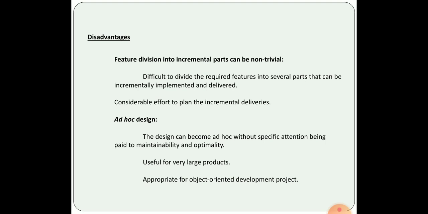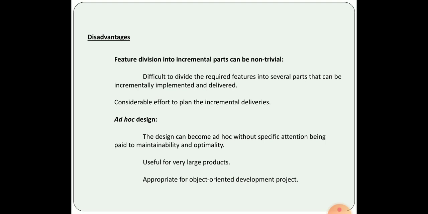So the evolutionary development model is applicable only for large products where the product can be split into certain core and non-core modules, and for the situation where the customer actually needs to work with a partially developed software where he can specify the requirements or modify the requirements in several phases.